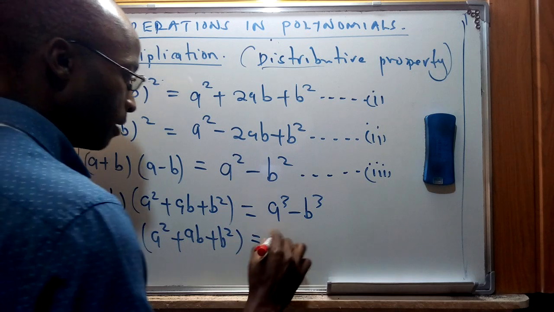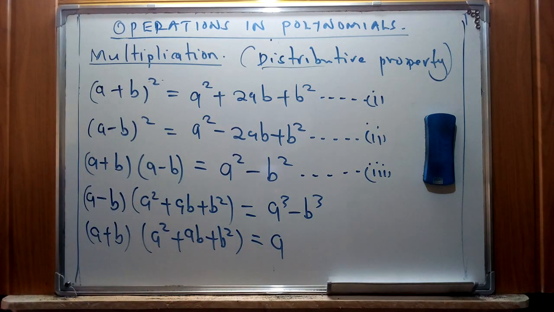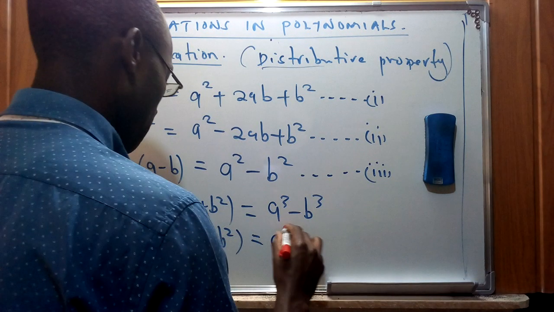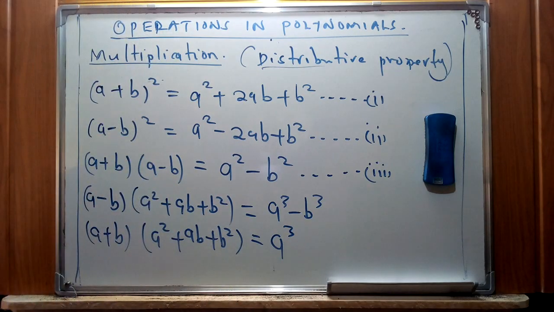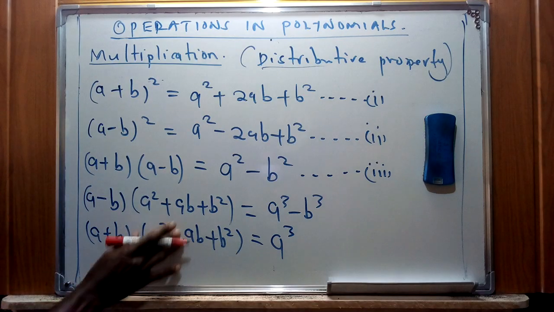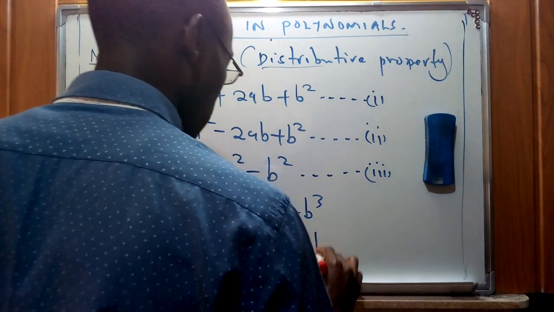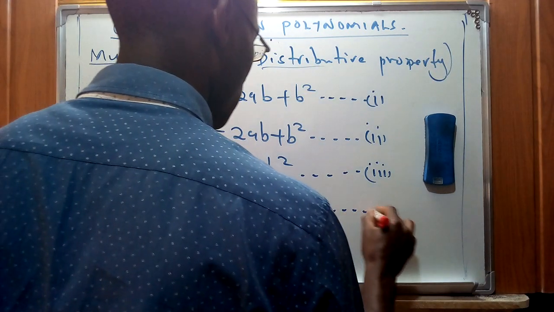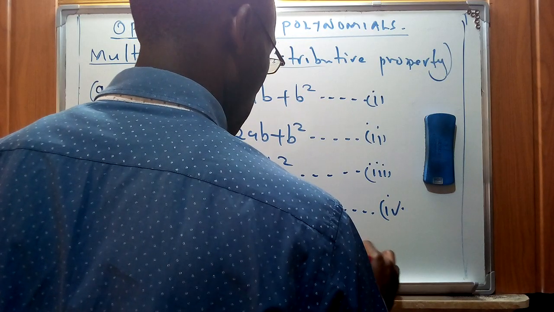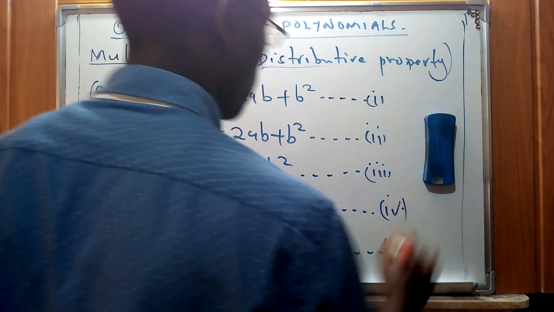This is going to give us a cubed plus b cubed. So this is going to form the fourth and the fifth special products respectively.